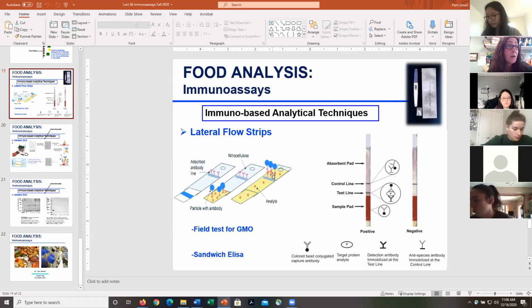If you don't have an antigen, your colored antibodies will just also move by lateral flow and go to the control line. The control line has antibody to the antibody that is colored. And then you would see a control line color, and you do not see the test line. So here you don't have GMO, here you have GMO.